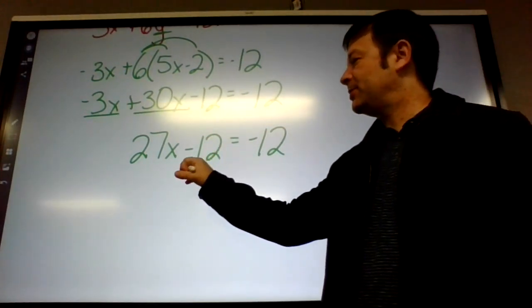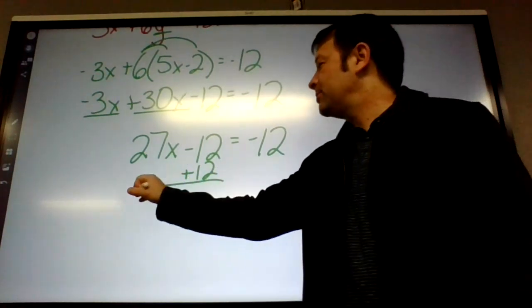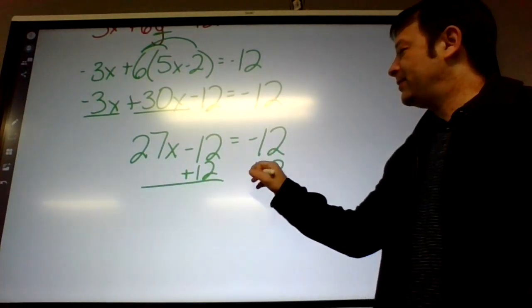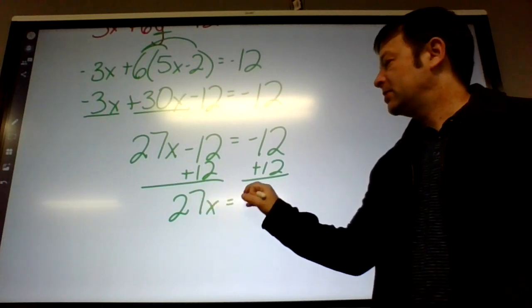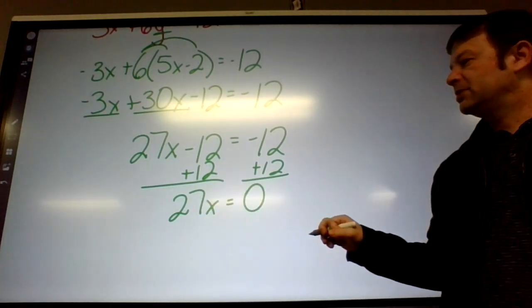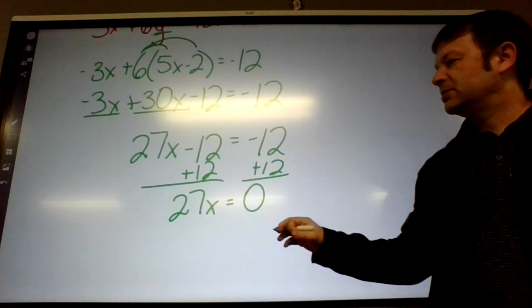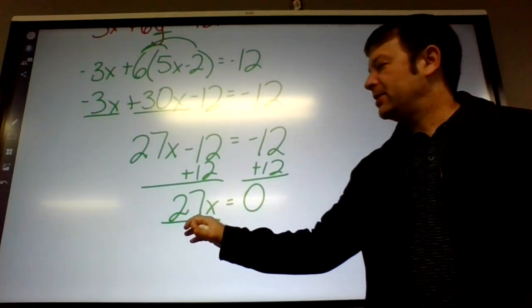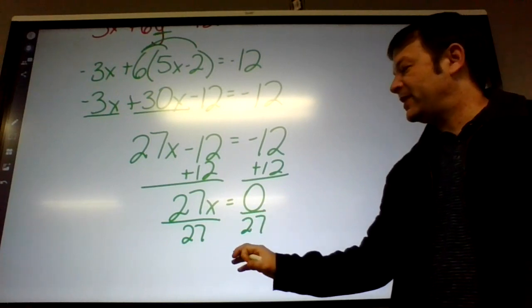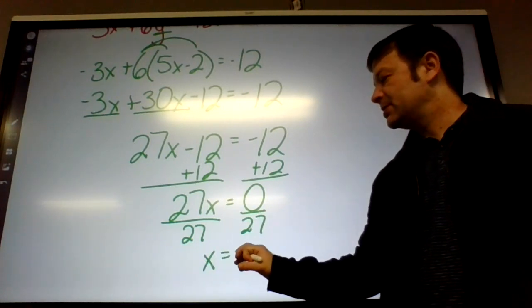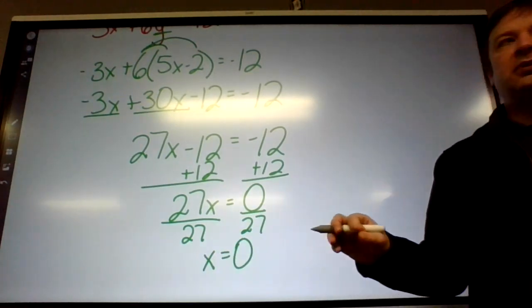What do I do with the minus 12? Plus 12. What is negative 12 plus 12? 0. To get rid of the times 27, you divide by 27. 0 divided by anything is 0.